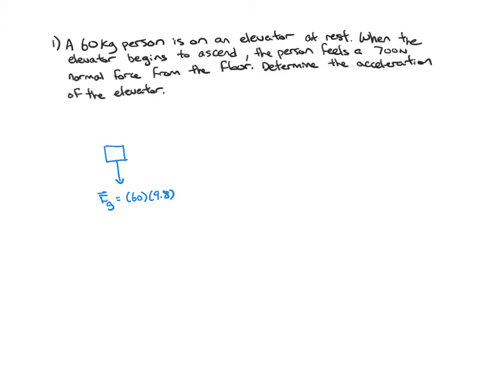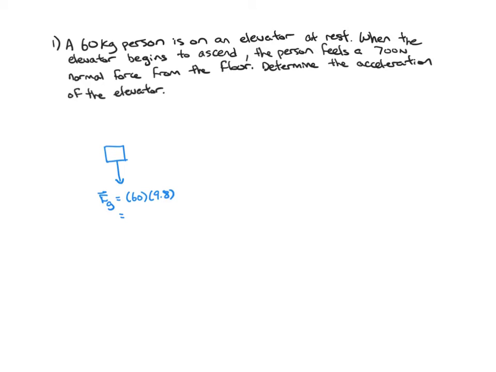I mean, sometimes it's helpful to know some more numbers earlier on. So the force of gravity is m times g, so it's 60 times 9.8, as 9.8 is the value for Earth. And I'll multiply that out.